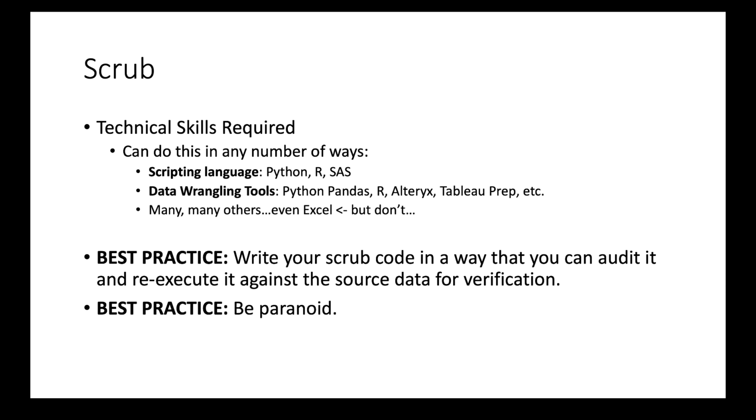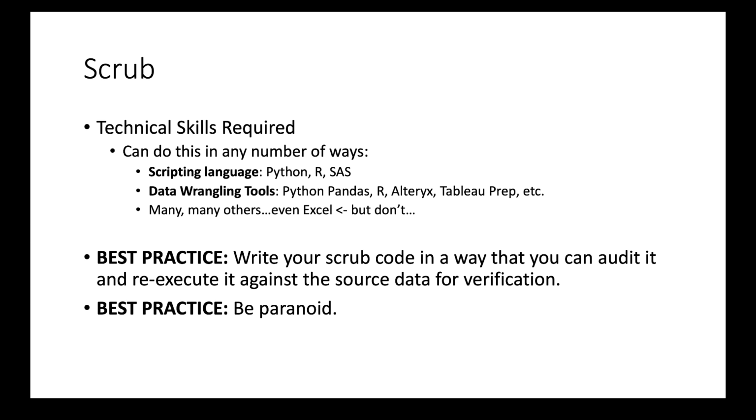That way, in 2 or 3 weeks, when somebody asks a question and you can't remember how you got a particular number, which is very common if you're dealing with many fields, you can go back to your code, look at your comments, and understand exactly what you did. That's the main reason I say don't use Excel, because you'll never perfectly document all of the different formulas you use to clean things up.